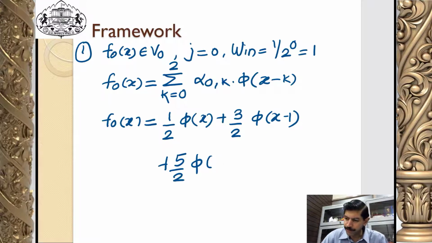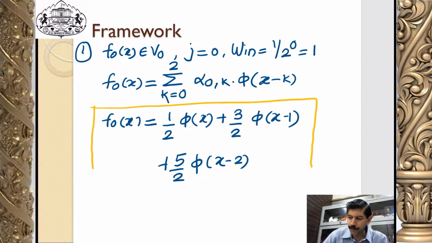So it will be phi of x minus 2. And this is my representation of f0 of x, which belongs to a subspace v0.